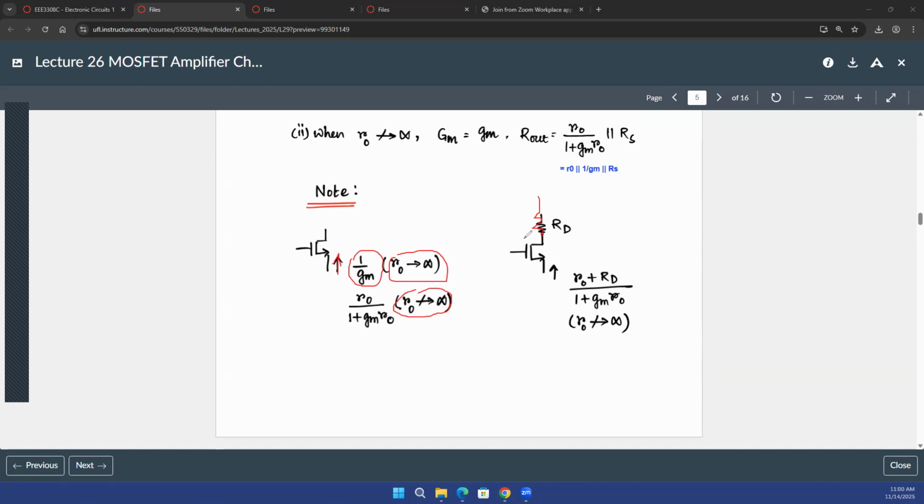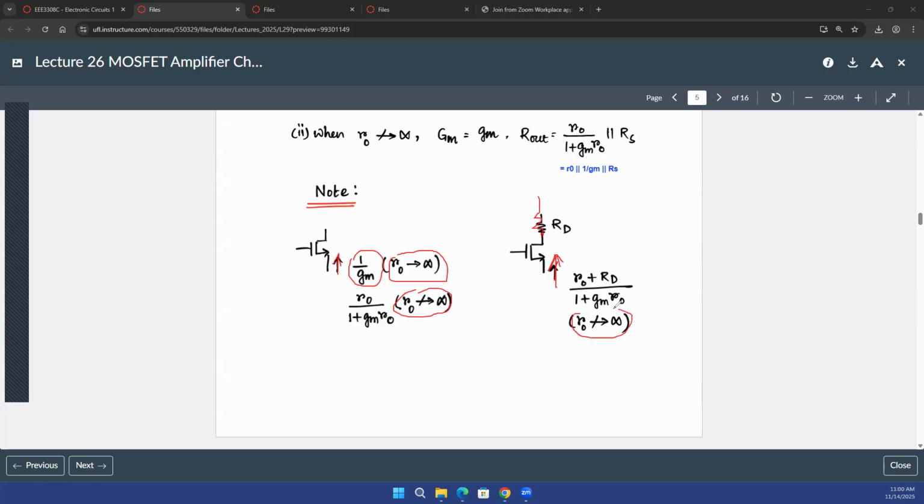So your question was, what is the effect of that RD resistance if I'm looking from the source on the upward side? If you have that RD resistance, and if your ro is not infinite, then what you're going to see looking from the source terminal looking up is ro plus RD divided by 1 plus gm R. Again, you can prove all of that by just drawing the small signal model of the transistor and finding out how much resistance you're seeing at the source terminal.